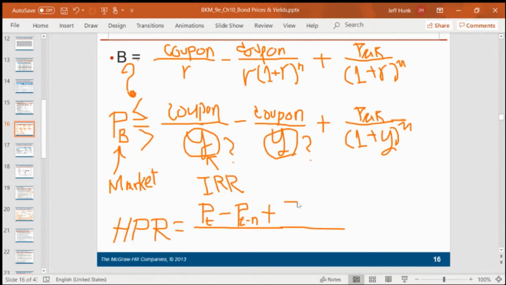And then during these n years, you have incidental incomes, in other words, investment income, such as coupon interest or dividends. So I'll call it cash flow, right?